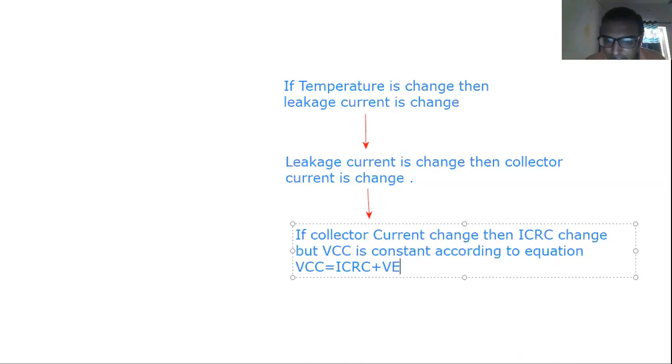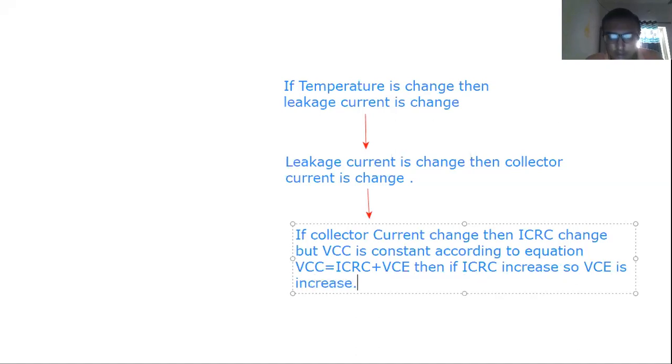So if ICRC increases, VCE decreases, so the Q point shifts. So we cannot achieve the amplification.